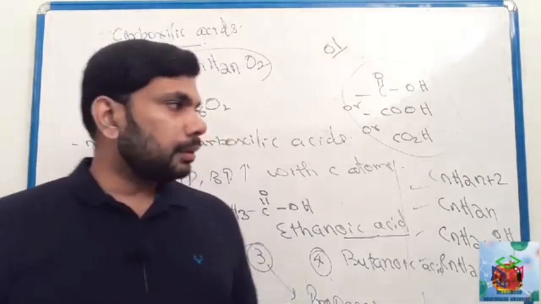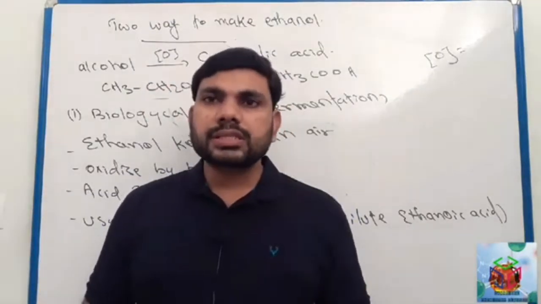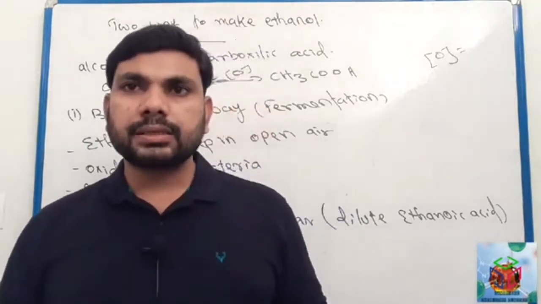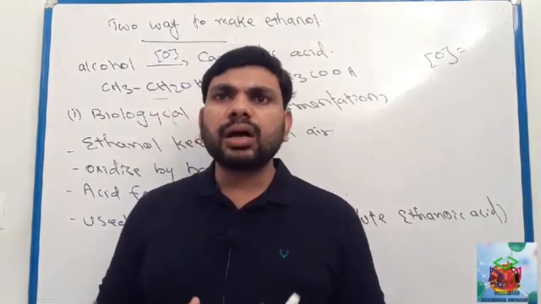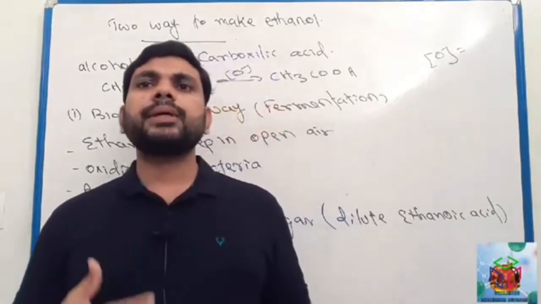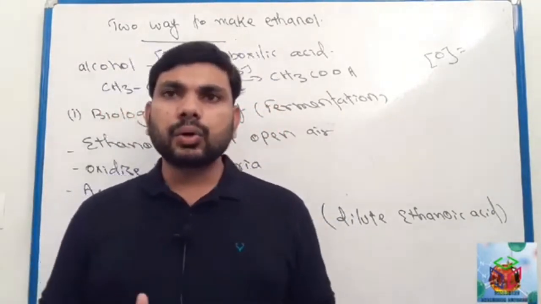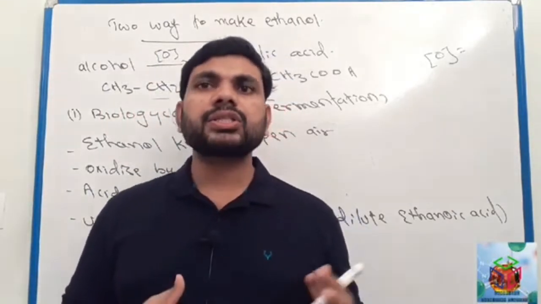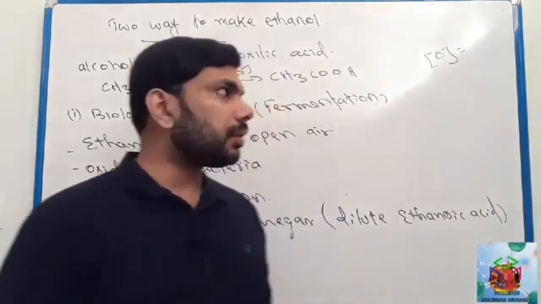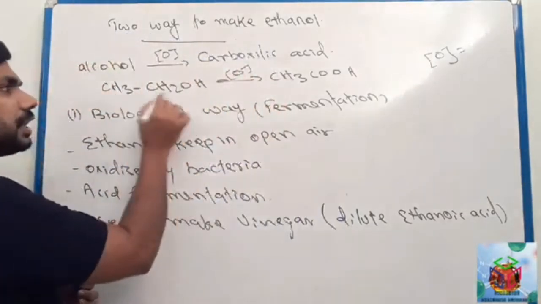Next one we have to discuss here, production of carboxylic acid. Generally, alcohol after oxidation will be carboxylic acid. Alcohol reacted with an oxidizing agent will change to carboxylic acid. See here one example. This is ethanol.